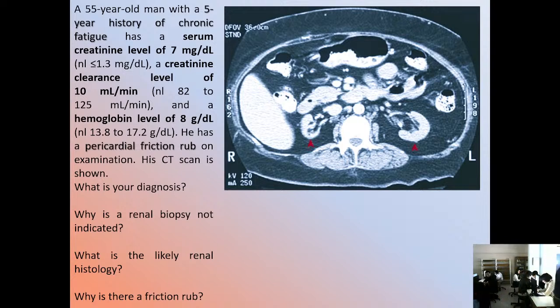All inflammatory exudates which form in areas of serosal membranes, that means membranes covered by mesothelium, either in the pleura or in the pericardium or in the peritoneum, are rich in which substance? Fibrin.